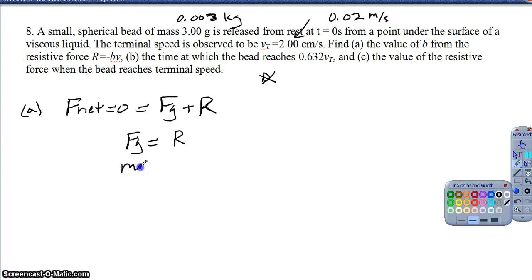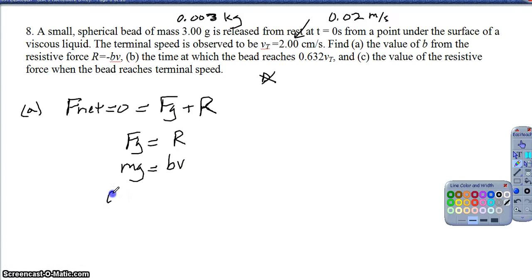So as I break this up, with this mass times gravity, I'm going to go ahead and drop the negative here because I know that the resistive force is already opposite of the motion. That negative is just indicating that it is opposite of the way that the object is moving. But I already know that, so I'm going to go ahead and drop that negative.